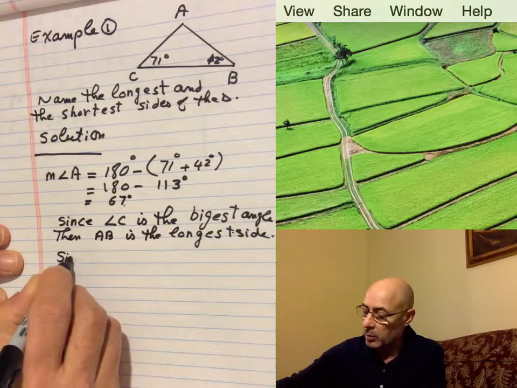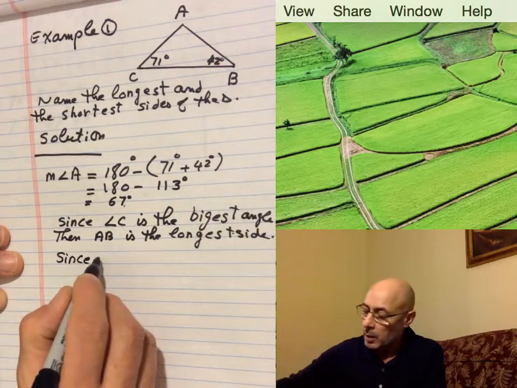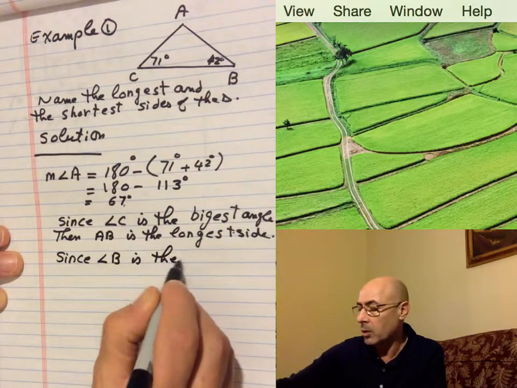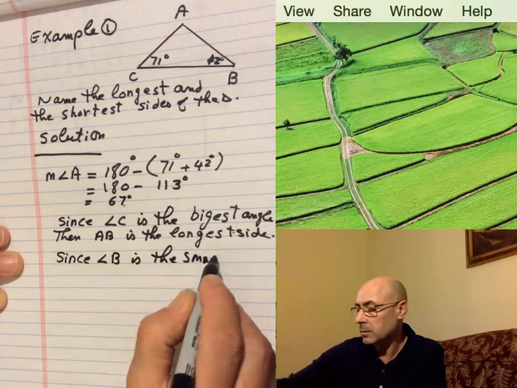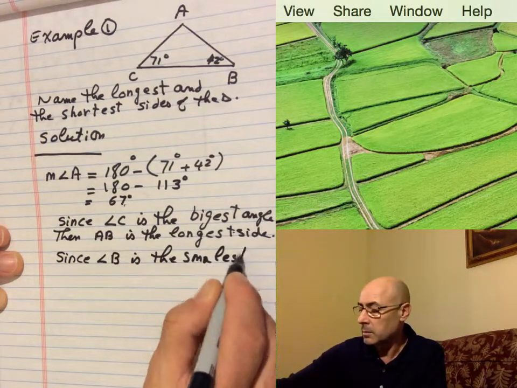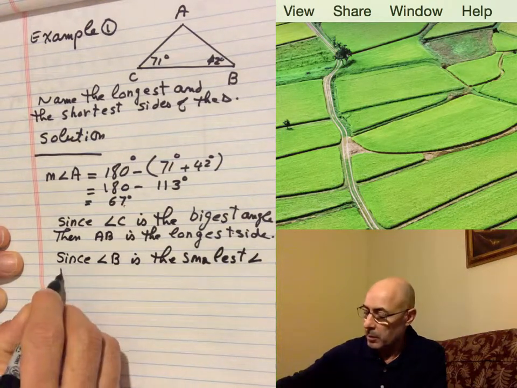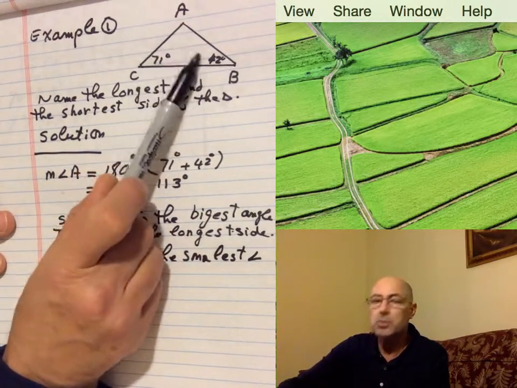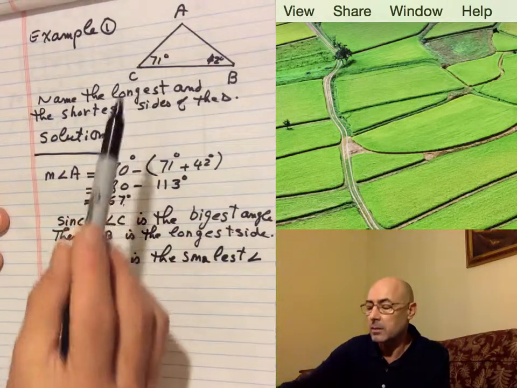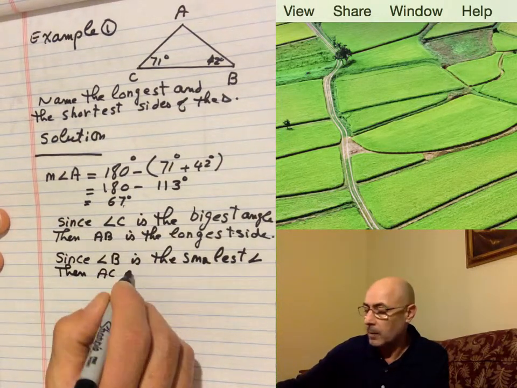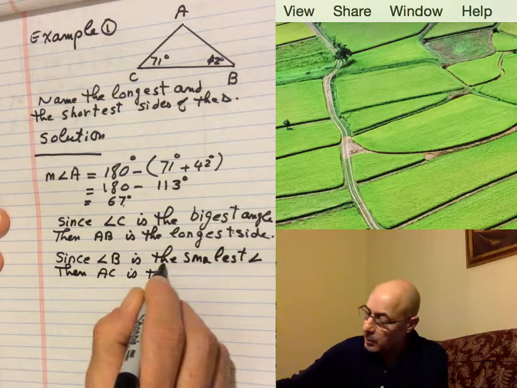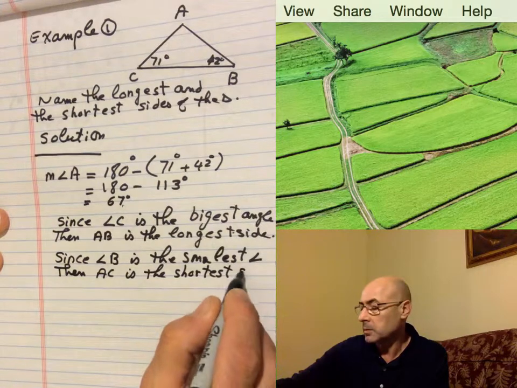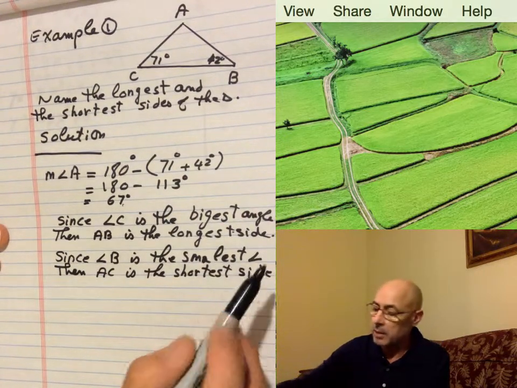So I'm going to write down one more time, since angle B is the smallest angle, then which side is across from that 42? Opposite. Across. AC. Then AC is the shortest side.